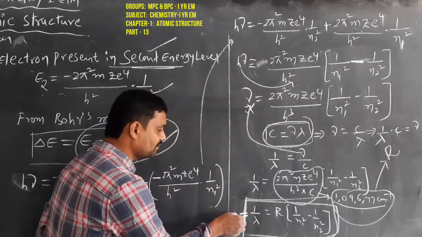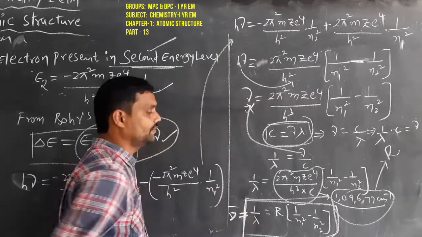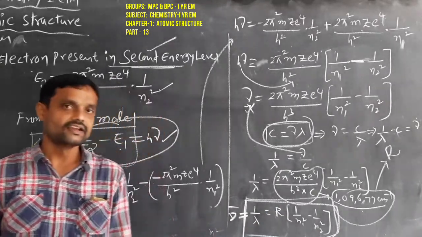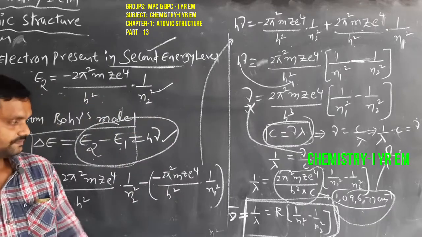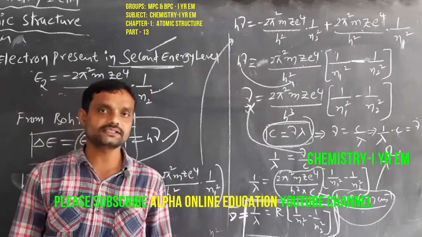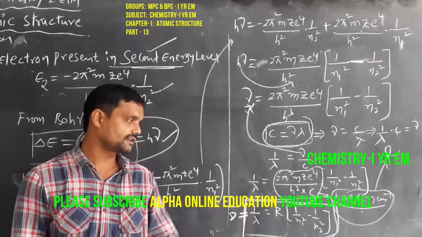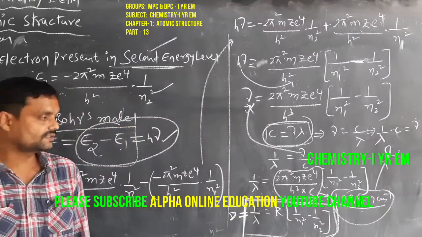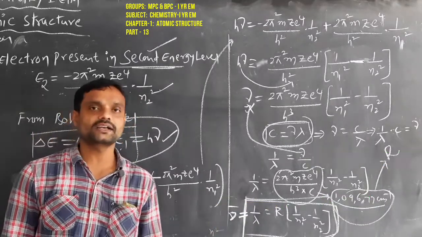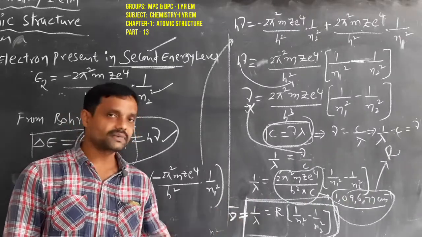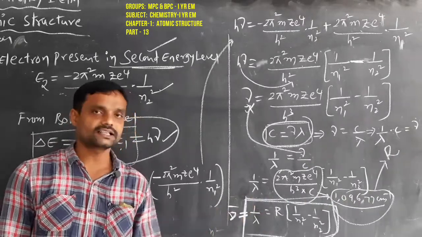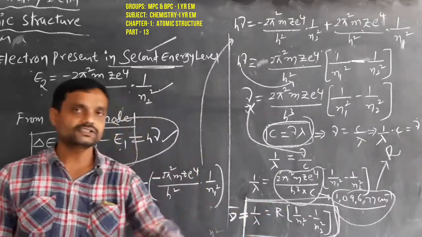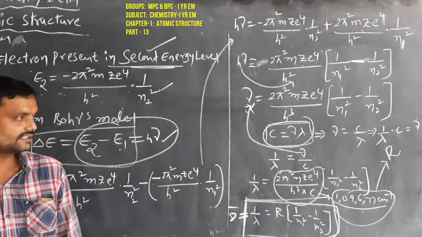1 by lambda is nothing but nu bar. So finally the equation is nu bar is equal to 1 by lambda is equal to Rydberg constant R into 1 by n1 square minus 1 by n2 square, where nu bar is the wave number, lambda is the wavelength, R is the Rydberg constant, n1 is the lower energy level and n2 is the higher energy level.